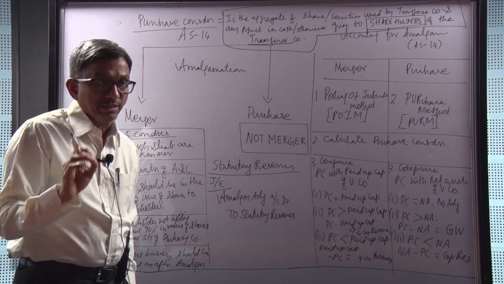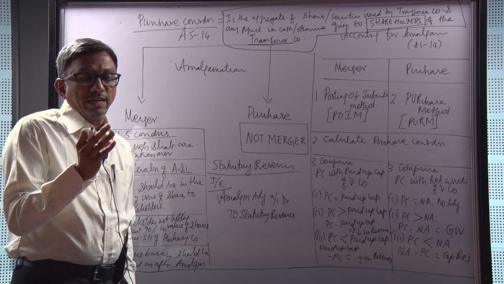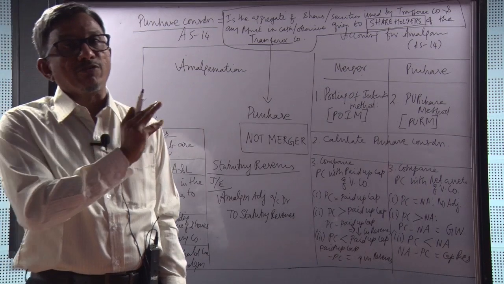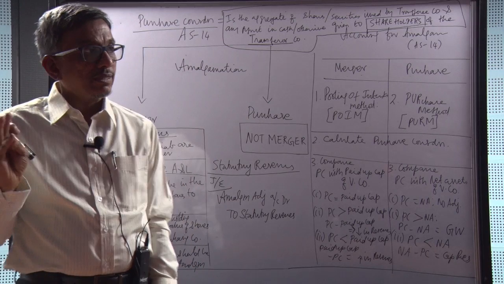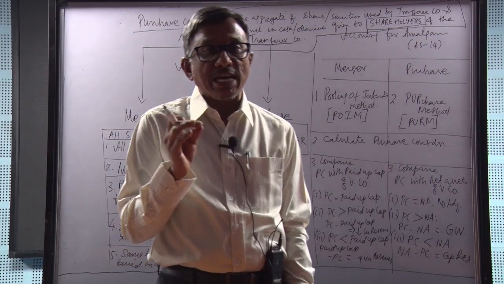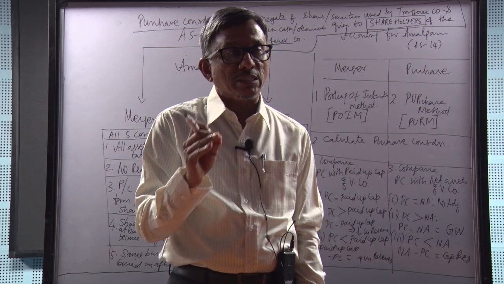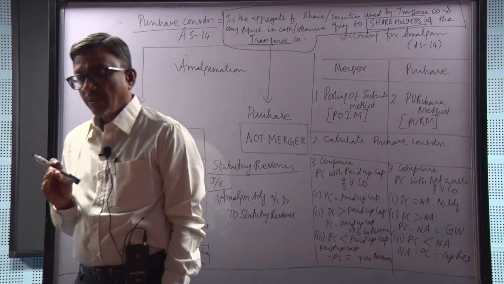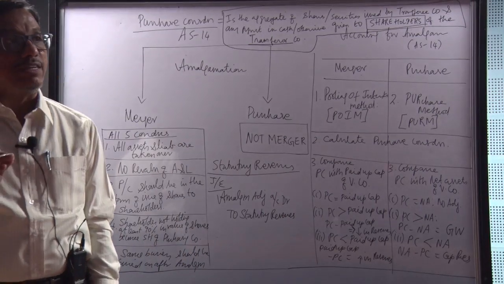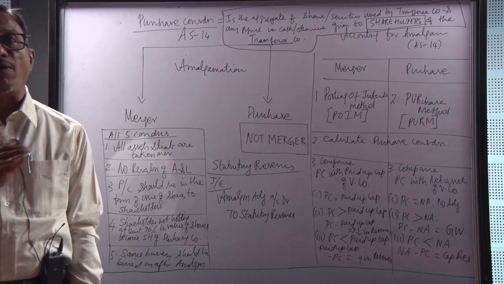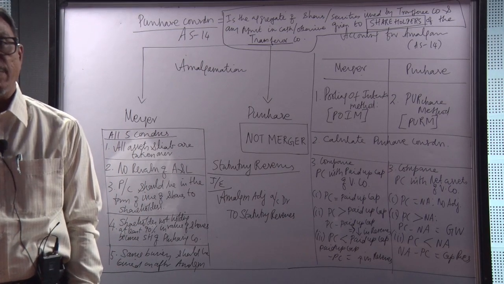So let me make it even more clear. Any payment made to creditors is not part of purchase consideration. Any cash or any debentures or any shares issued to debenture holders does not form part of purchase consideration. Any expense of the vendor company paid by the purchasing company does not form part of the purchase consideration.